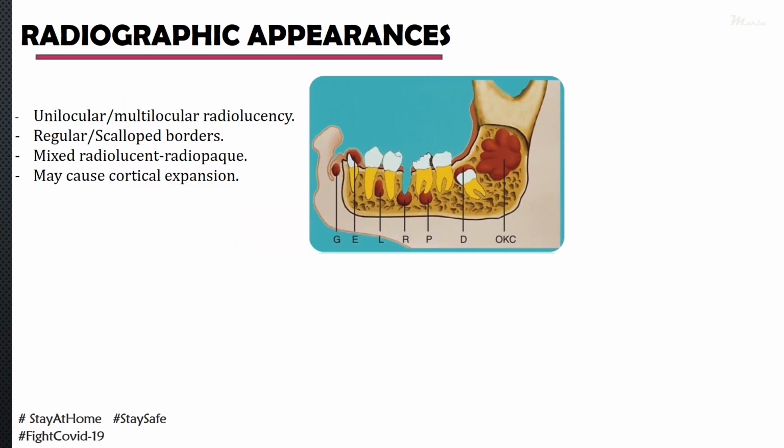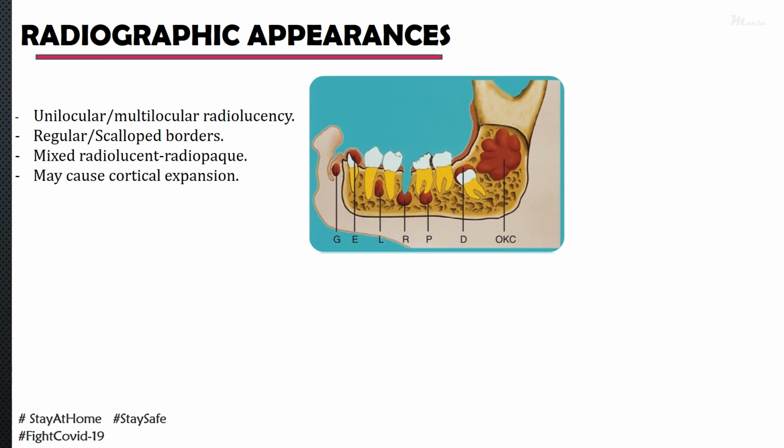Whenever a cyst occurs within the jaw, it gives rise to some characteristic radiographic findings. Most of the cysts present as unilocular radiolucency, whereas some may present as multilocular radiolucency. These radiolucencies have regular or occasionally scalloped borders.